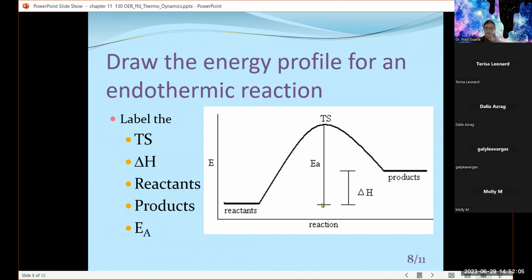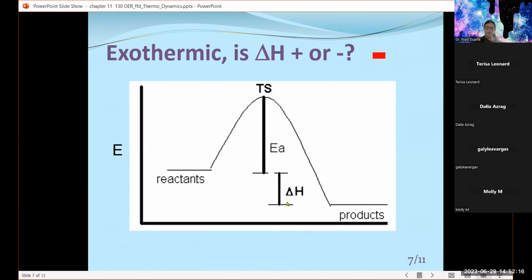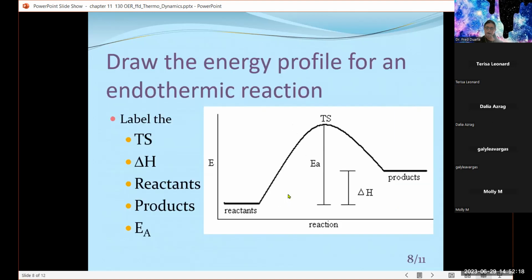It is the difference between the transition state and the reactants' energy level. That's the energy of activation. And in this scenario, delta H does change compared to the previous example. Okay. And the products are at a higher energy level. They end up at a higher energy level than where the reactants began. And if you do products minus reactants, you end up with a positive delta H, meaning it will be endothermic.